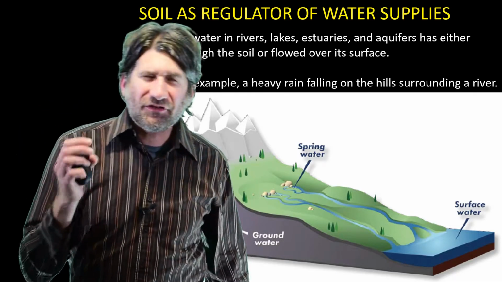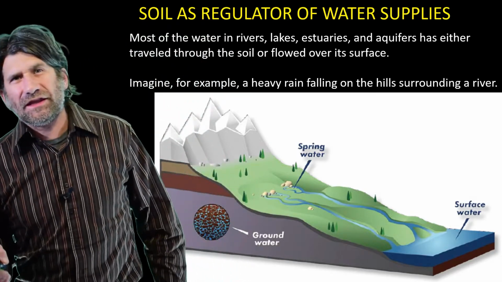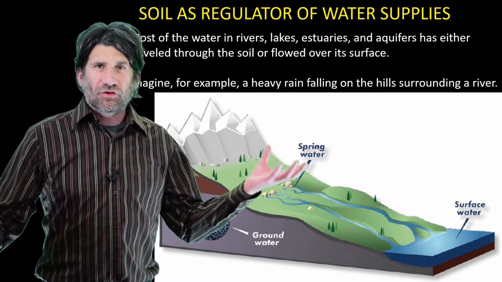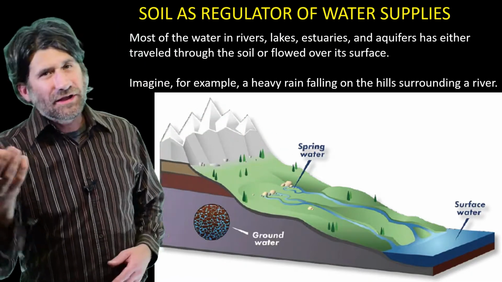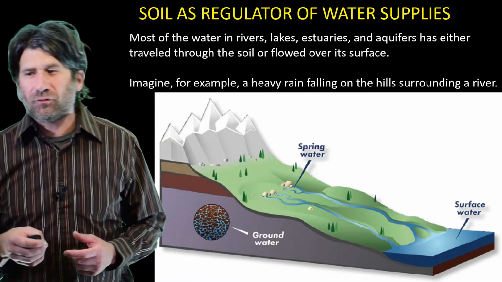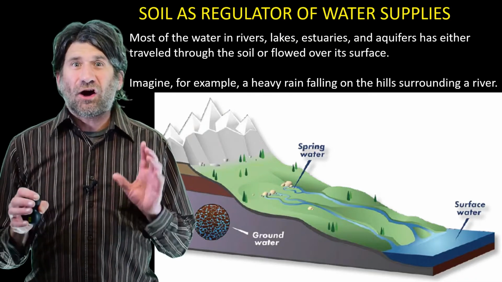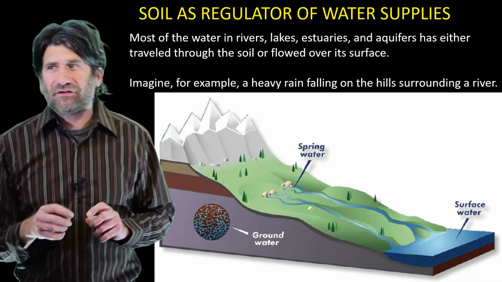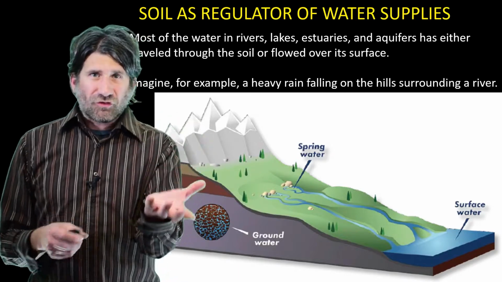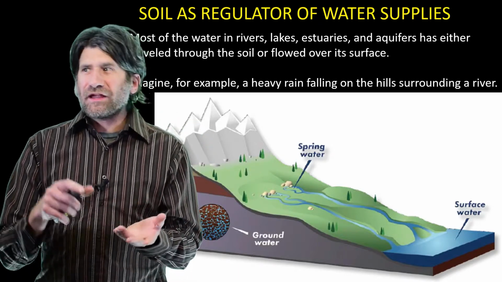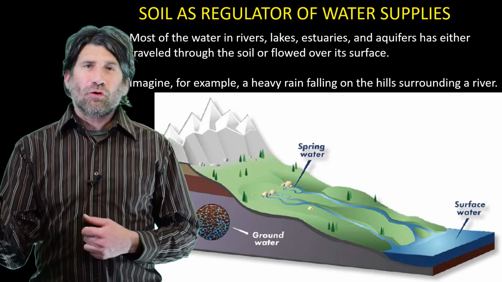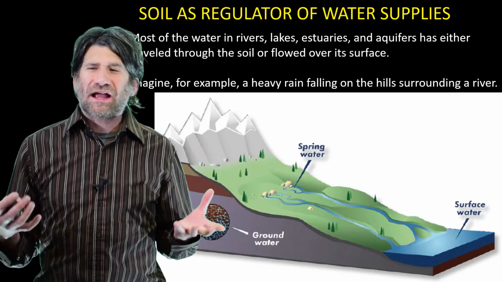I keep mentioning this in terms of water, and that's really, really key. You can take a hydrology class and a soils class to pair these together. But here in geomorphology, we're talking about this as well. And that's because soils really are the regulator of water supplies at the surface of the earth. So most of the water that you find in rivers, lakes, and streams today has flown over the surface of the earth and thus has interacted with soils.